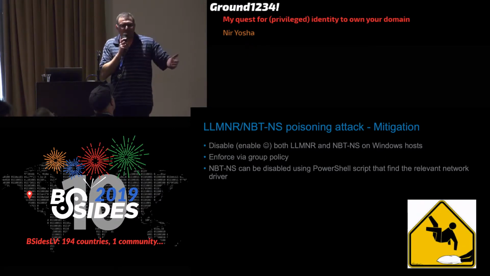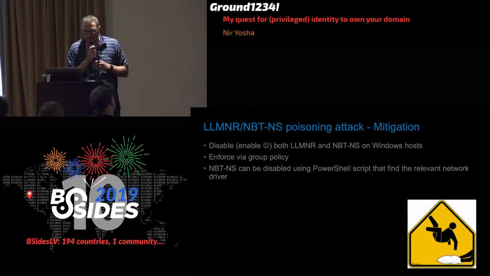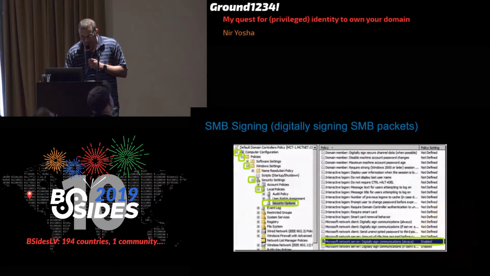If you have multiple network drives, you need to do it on each and every one of them. Disabling LLMNR can be done from group policy, but disabling NBT-NS cannot be done that way, because you need to look for all your network drives first, and then you can do that using a PowerShell script.